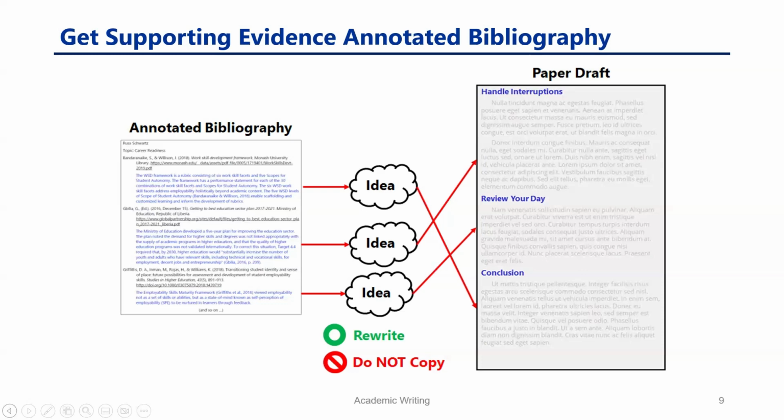Plus, remember, you always want to smoothly transition from one idea to another, and that usually requires some kind of rewriting. So do use the annotated bibliography to get ideas for your paper, but make sure you write the ideas down brand new.